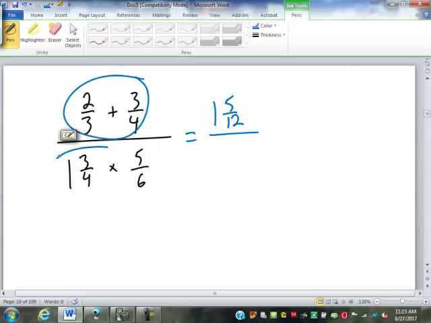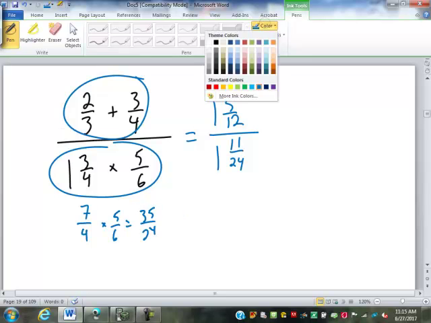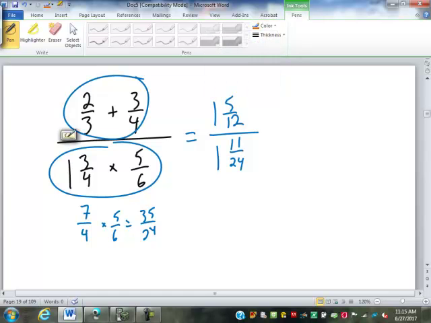Then we have to do what's on bottom. 1 3/4 times 5/6 is 1 13/24. No, 1 11/24, I should say. It's 7/4 times 5/6 is 35/24. So then you got to divide that out.